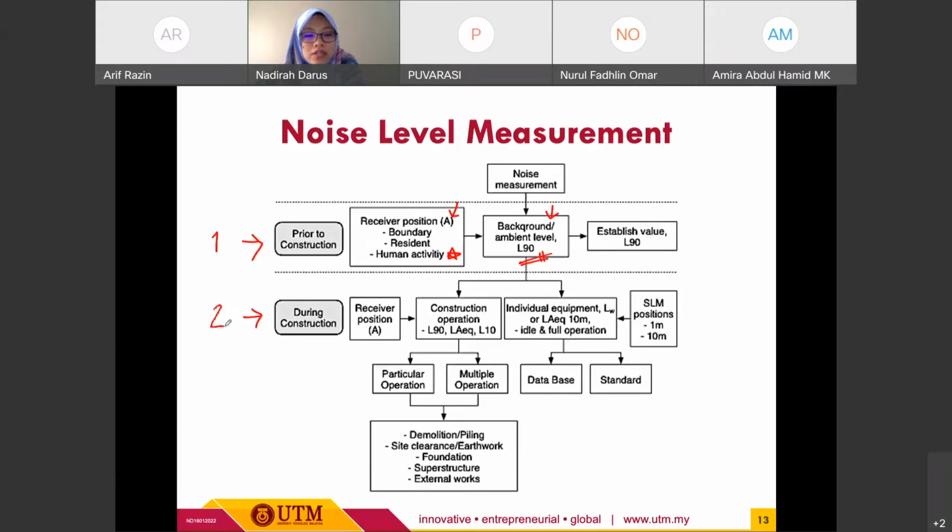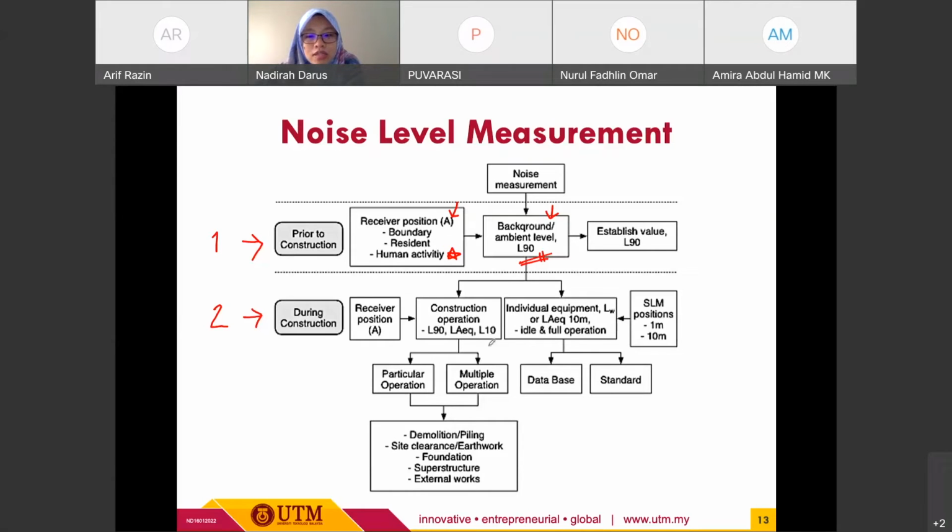Then during the construction stage, we conduct measurements for monitoring purposes. We measure whether the current or existing noise level still complies with the permissible noise limit.